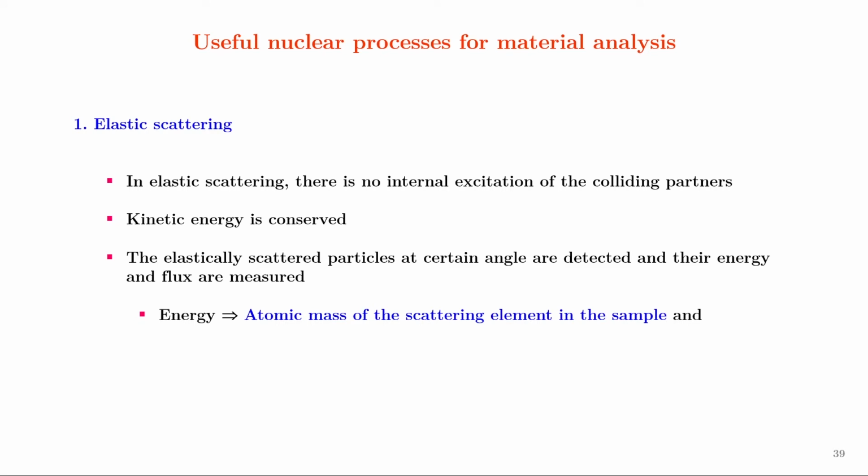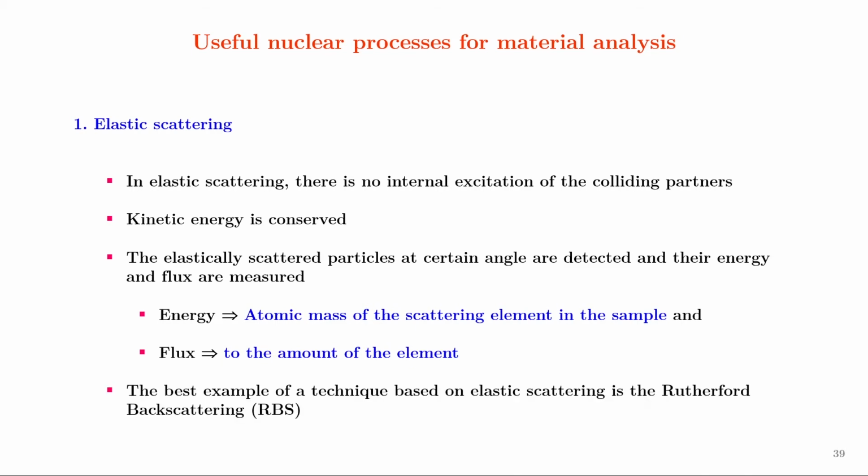The measured energy is an indication of the atomic mass of the scattering element in the sample, and the flux is an indication of the amount of the element. The best example of a technique based on elastic scattering is Rutherford backscattering or RBS.